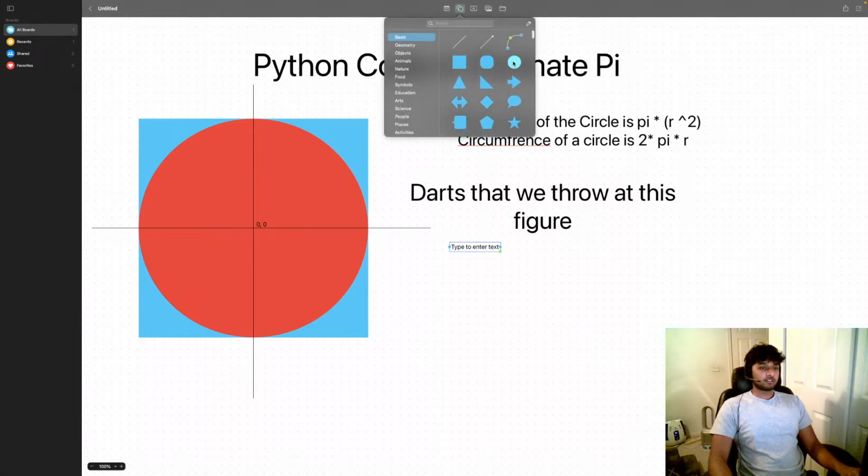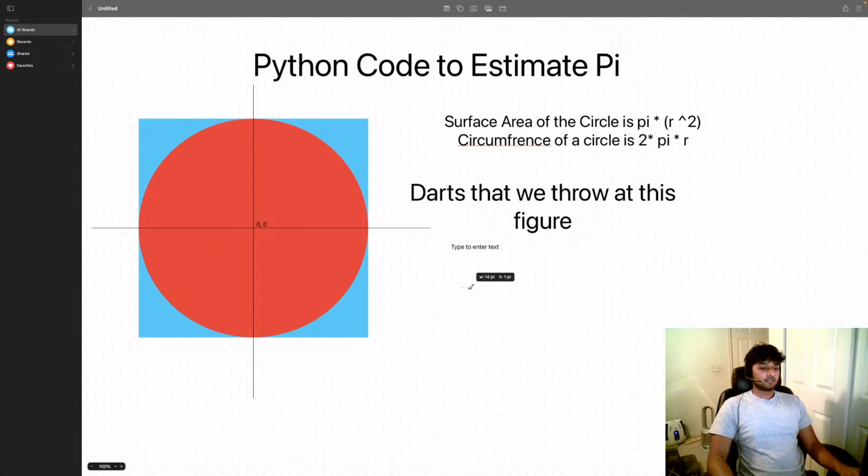Obviously a small circle, a very tiny circle. Black. See, that is a dart at 0, 0.